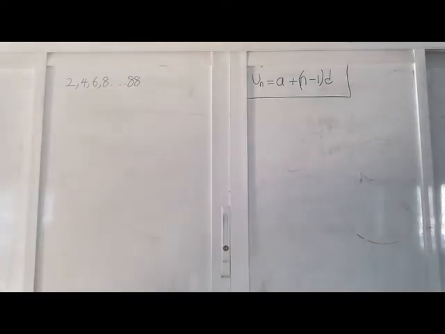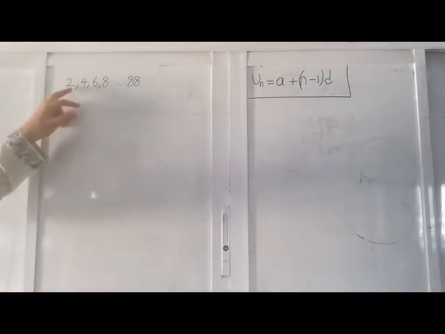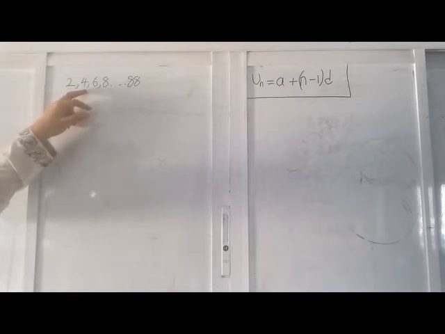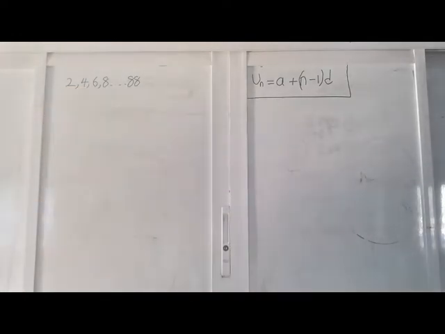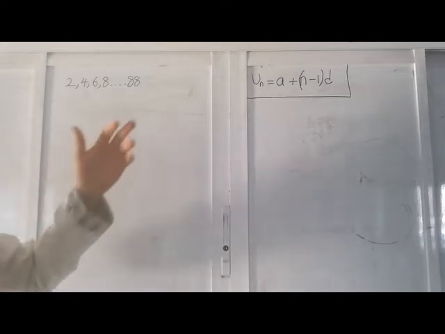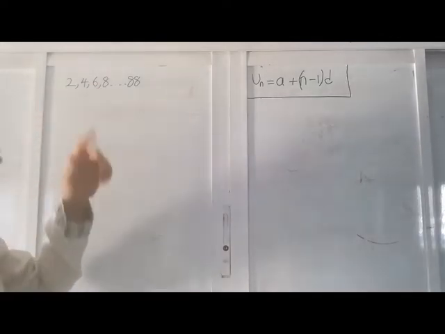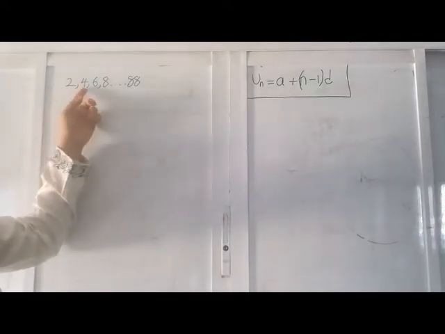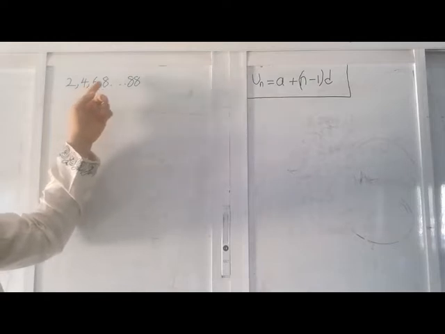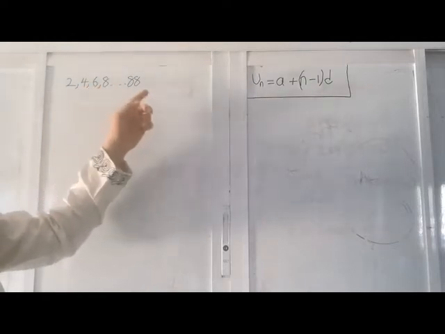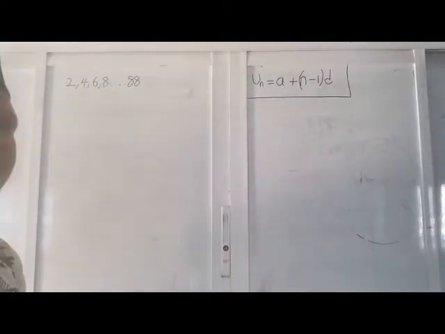You will notice that after 2 we have 4, after 4 we have 6, which means the common difference is simply 2. 2 plus 2 will give you 4, 4 plus 2 will give you 6, 6 plus 2 will give you 8, continuously to 88.